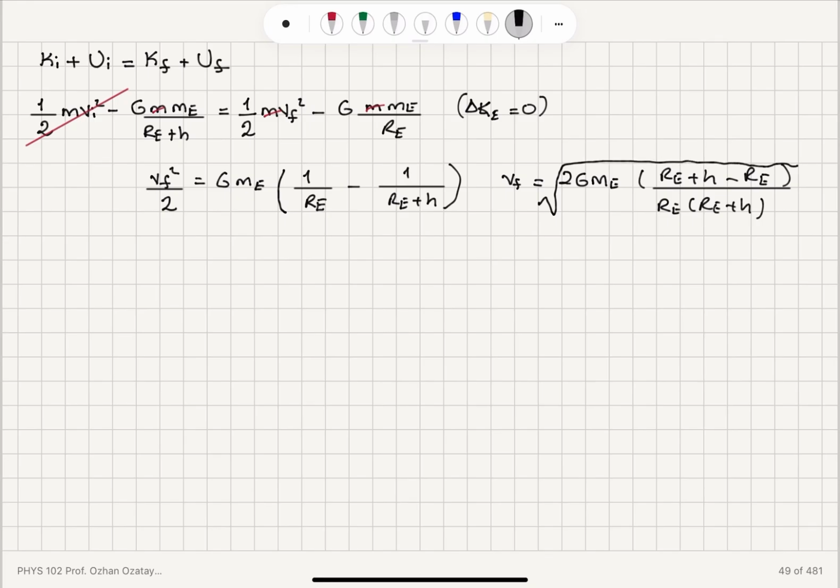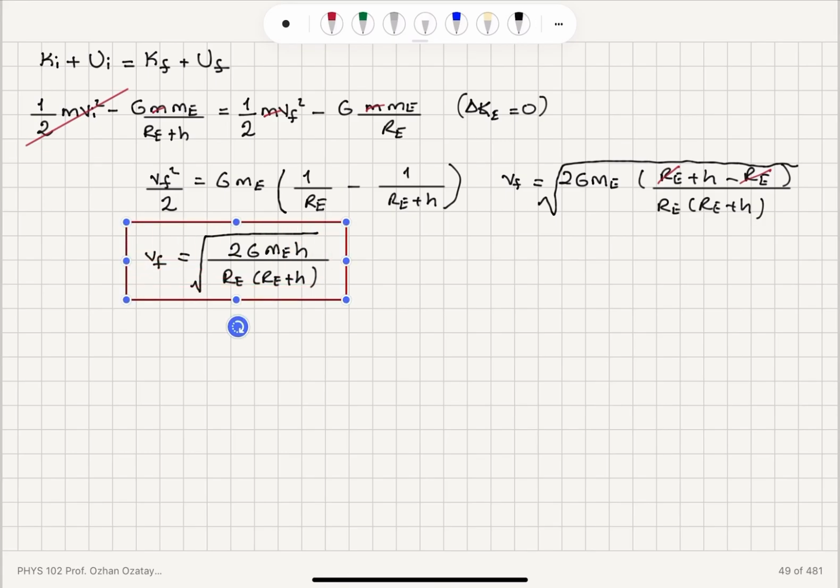And that gives me for v final the square root of 2G mass of the Earth times h, because I see that these Re's will cancel, and I have Re times Re plus h at the bottom, and this is all in the square root. So that's the final answer.